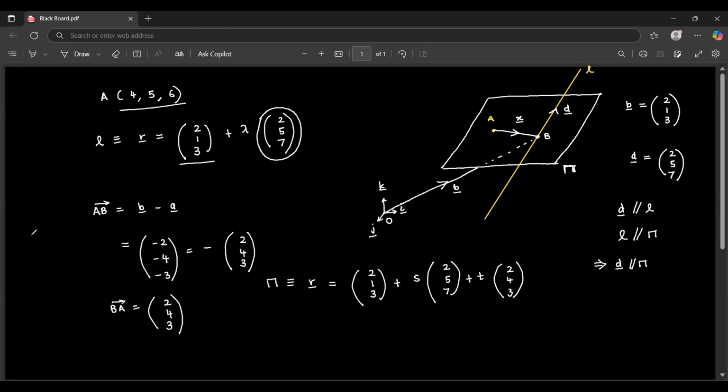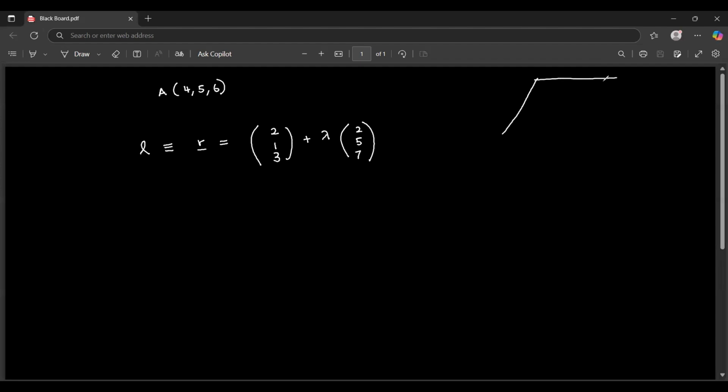Here also there is a small problem. You have to make sure that the point they are giving, see, in this question we had A is 4, 5, 6, does not lie on L, because L was given as R equals 2, 1, 3 plus lambda 2, 5, 7.